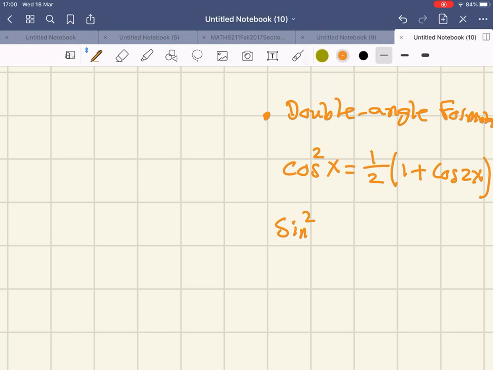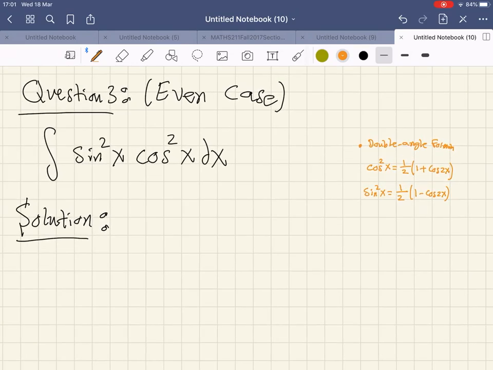And whenever I see sine square x, I will write it as 1 over 2, 1 minus cosine 2x. That's how we are going to do this question. This is only if we have the even case. If we don't have the even case, we are fine. But for the even case, this is what we need to do.